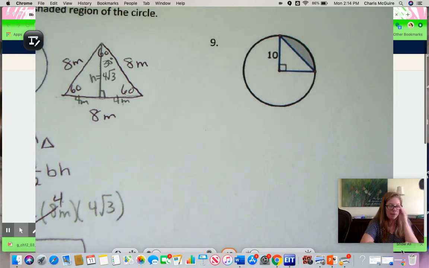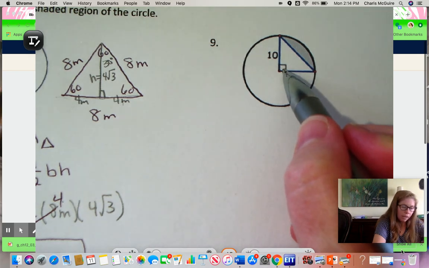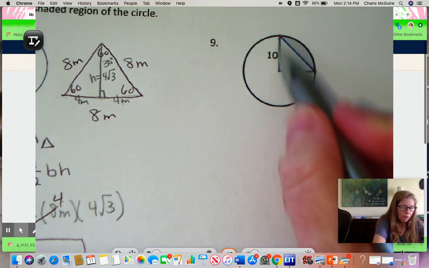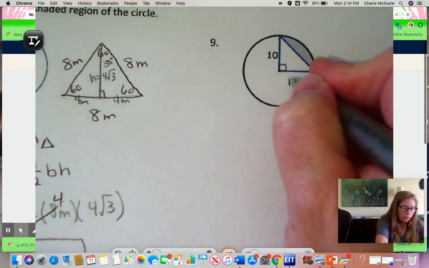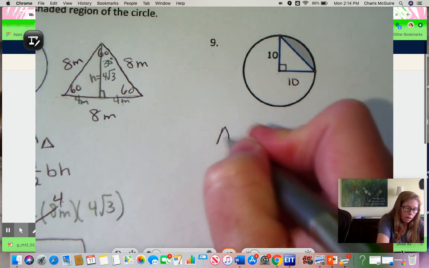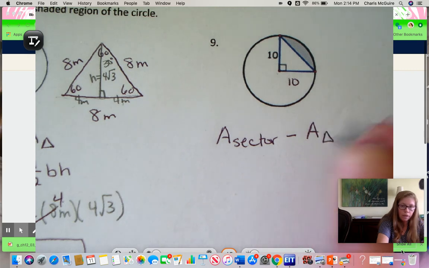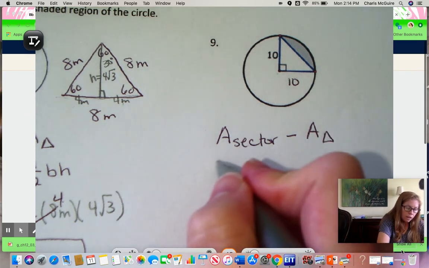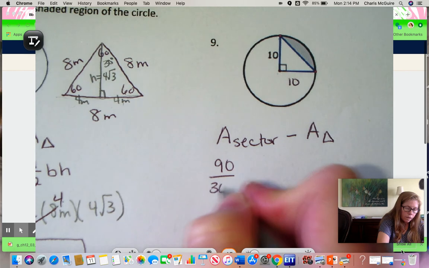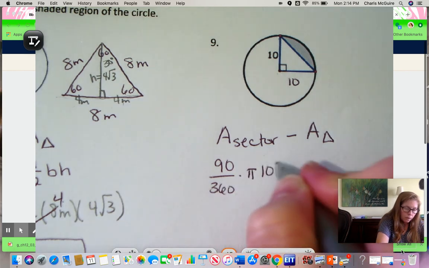Let's take a look at this guy. You've got your 90-degree angle here, so you know it's a quarter of a circle. And you've got one radius is 10, you know this other radius is 10. And this triangle is way nicer because that's your base and your height. You don't have to figure it out like we did in number 8. So we're going to do the area of the sector minus the area of the triangle. Our sector is 90 over 360 times pi and the radius squared.